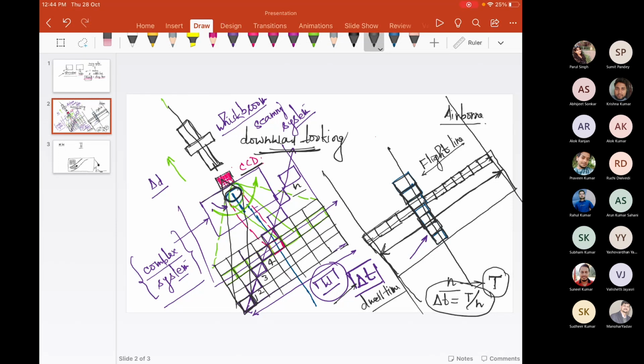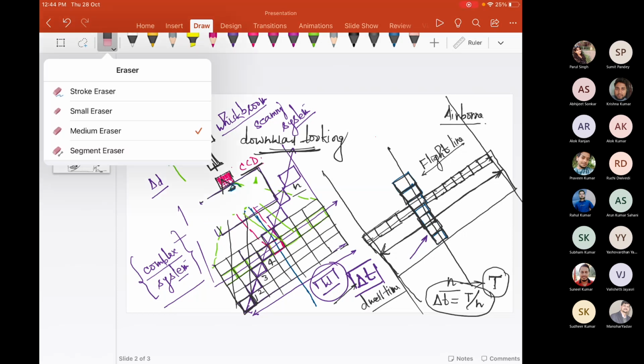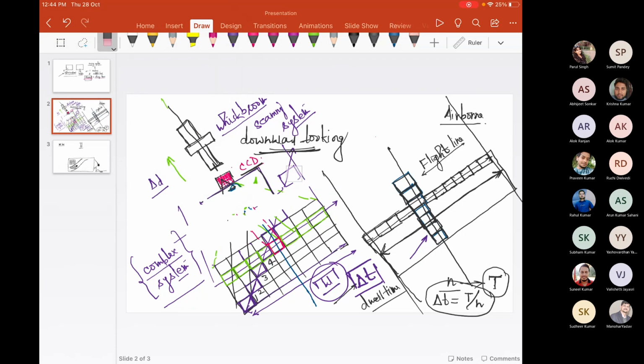What happens if we want to sense this area without using this optical system? What modifications should be done? Let's say we remove this optical system. There is a way through which we can do it. We can remove this optical system, and we can increase the CCDs from 1 to n number of CCDs.